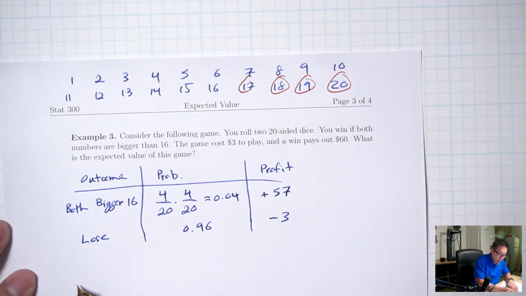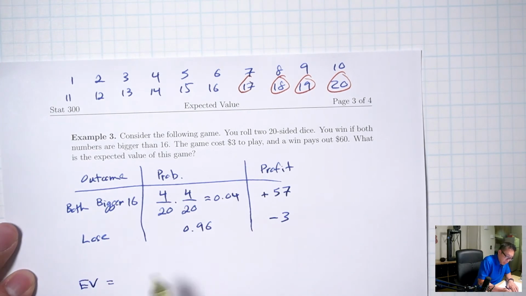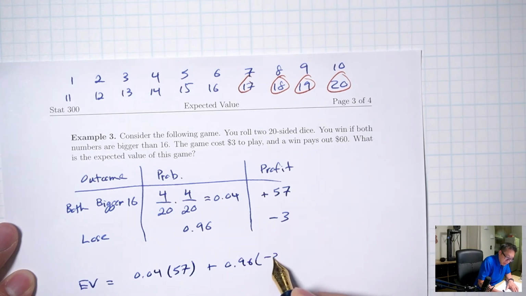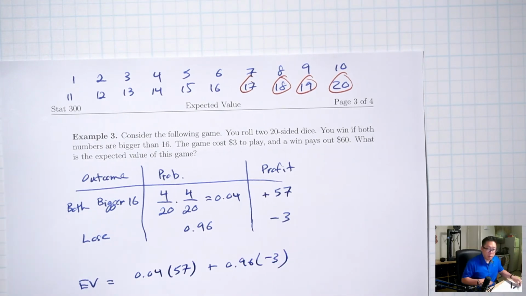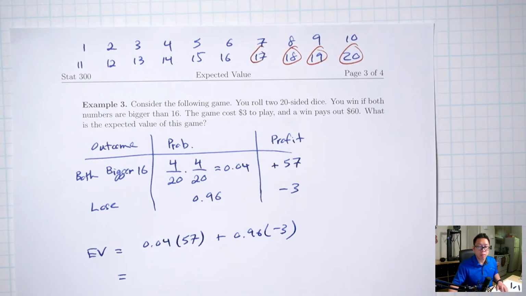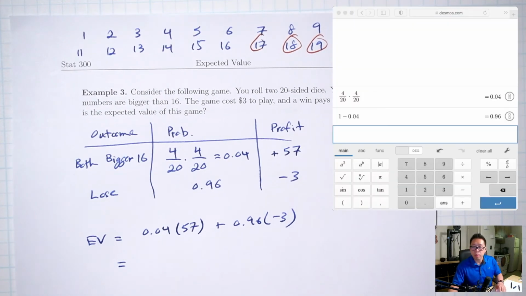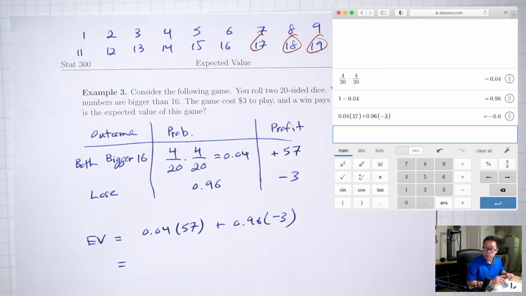And then expected value, probability times profit: 0.04 times 57, plus 0.96 times negative 3. That's negative 0.6.